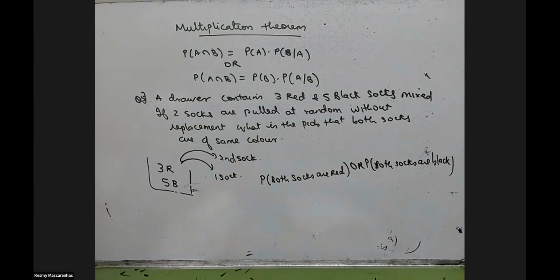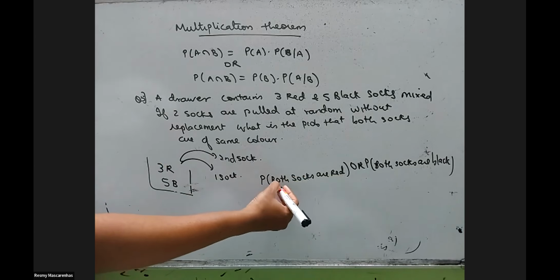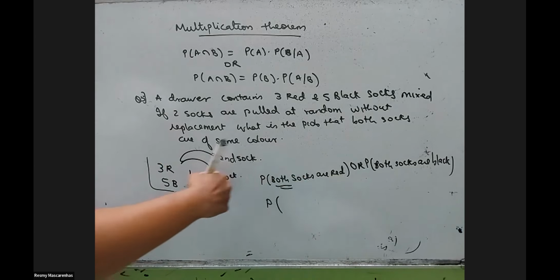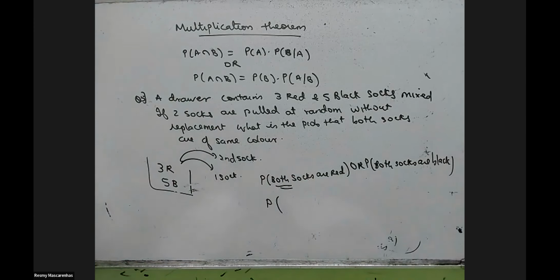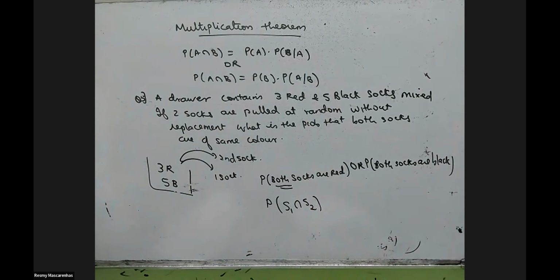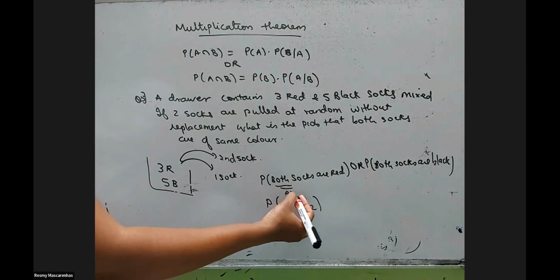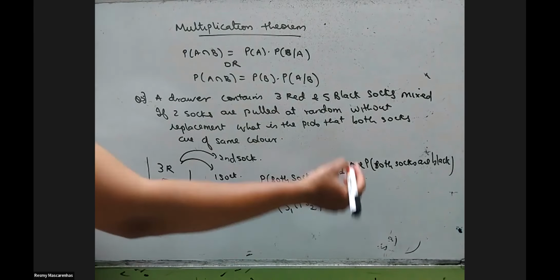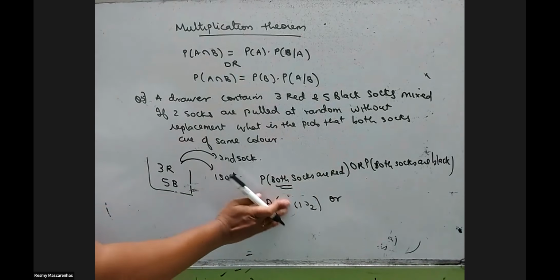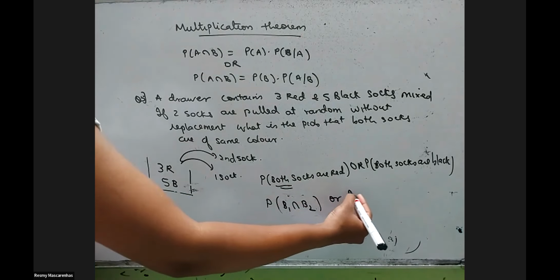So what we have to find is the probability that both socks are red or both socks are black. Or means always plus. Both means A and B, the first one and the second one also. So sock 1 and sock 2 should be black, or you can directly use the letters B1 and B2, or the probability that both are red.